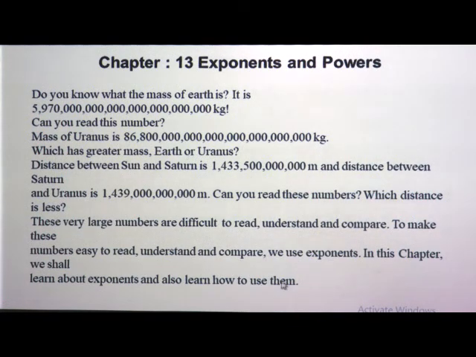Again I will repeat, these are very large numbers, such as the mass of Earth and the mass of Uranus, and the distances between Saturn and the Sun and Saturn and Uranus, which are already given to us, but it is hard to find out which distance is less.